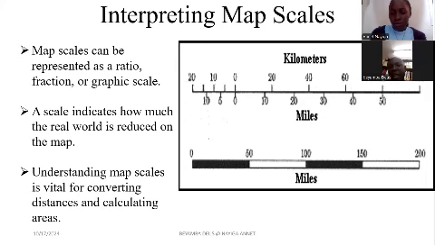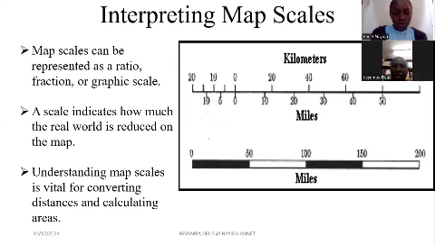Now you can convert them to kilometers. Now you're saying that a scale indicates how much the real world is reduced in a map. So these scales help us to reduce the map on the piece of paper such that it can fit well in a specific area.